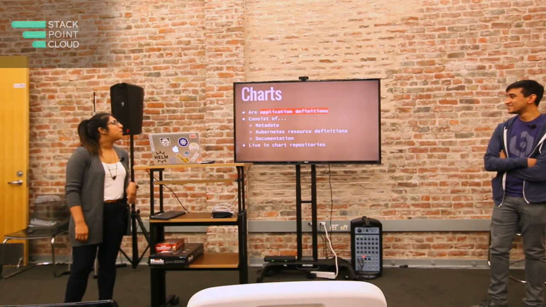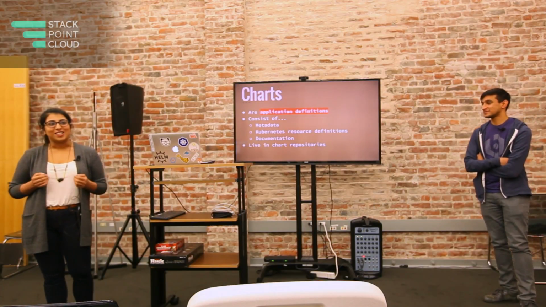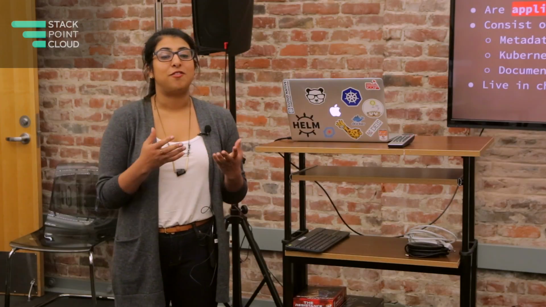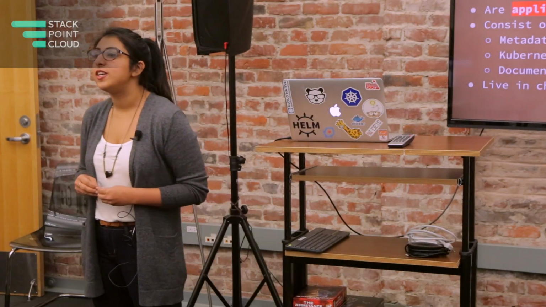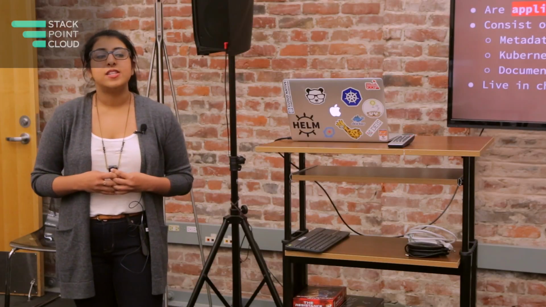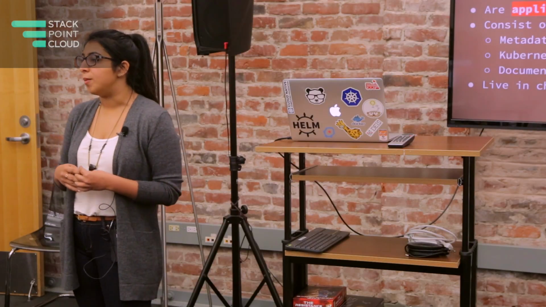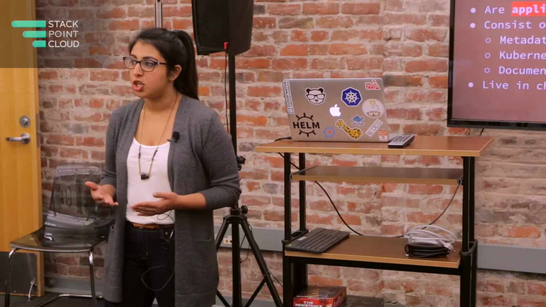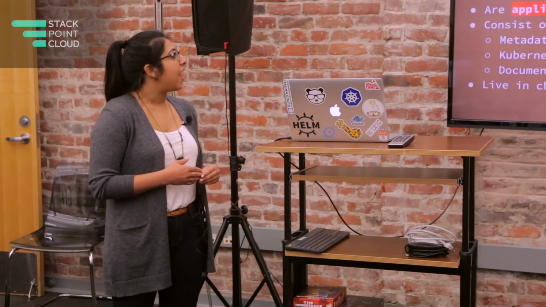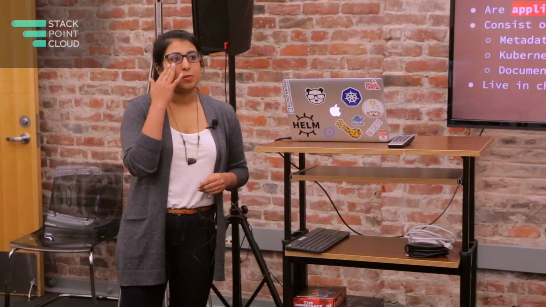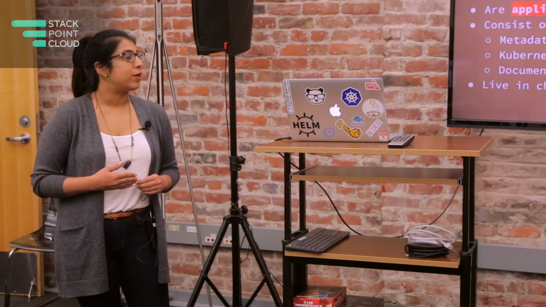So packages in our world are called charts. Charts are a way to define an application. So a single chart has three components. The first is it has metadata. This metadata might be something like who authored the chart, what version is the chart at, maybe a description, where your images live that you're referencing in your chart, things of that nature. And it also has, and the biggest piece, are Kubernetes resource definitions.